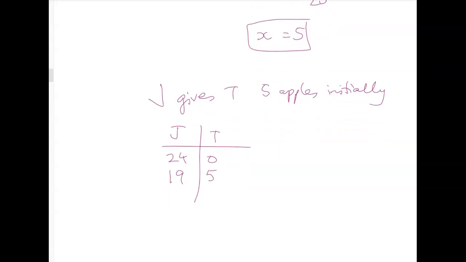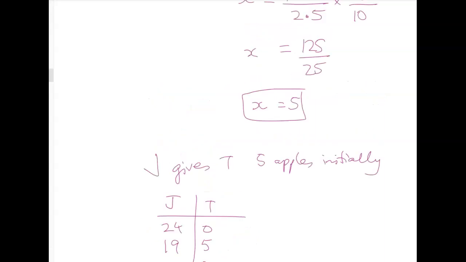Now, after Jono gives Tama another 5, the numbers are 14 and 10. So now comes the big check. If we take Tama's number and we times it by 1.5, we get 15. And Jono has got 14, which is one number fewer than 15. So we've done that right.